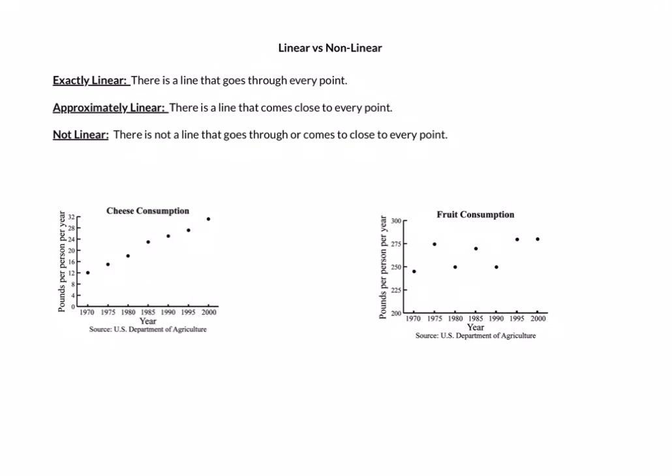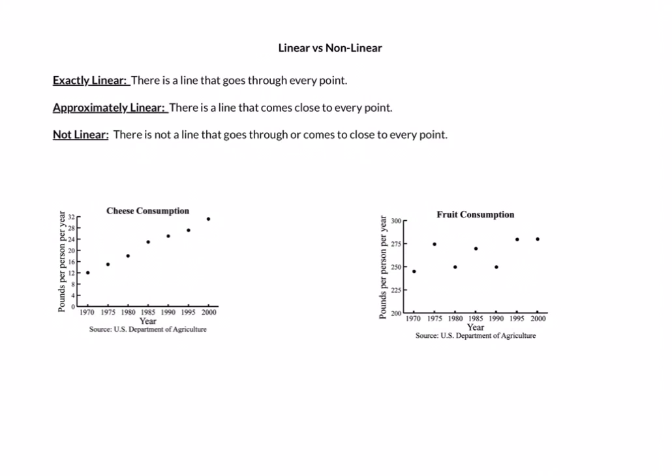The second type of linear equation is something we call approximately linear. When we get into the real life applications, is it necessarily the case that we have a line that fits perfectly with our points? And the answer is no. Approximately linear means that there is a line that comes close to every point.